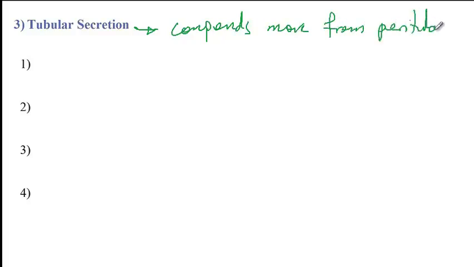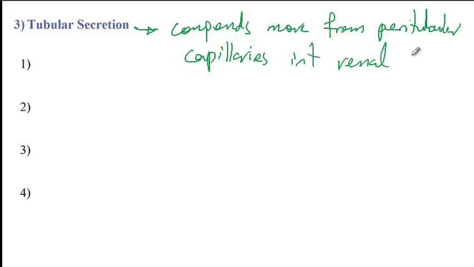So here compounds move from peritubular capillaries into renal tubules, and mostly it's actually in the proximal convoluted tubule. So now let's discuss the compounds that are being moved there.